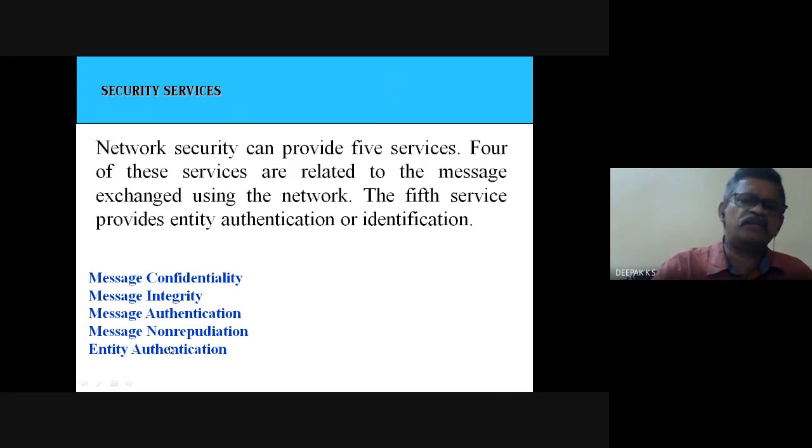There are actually 5 services which network security provides. We just see what are the requirements. 4 of these are related to message exchange, and the 5th service provides entity authentication.